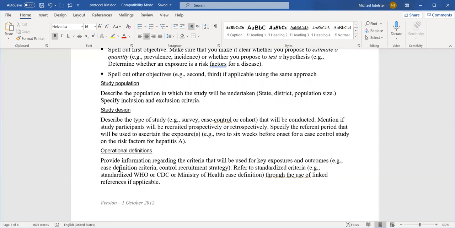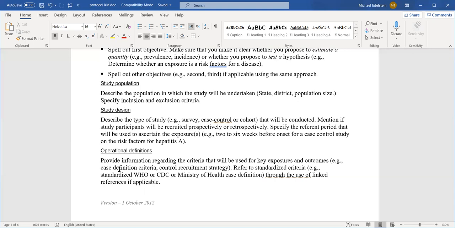And then it's important to describe and mention if you're recruiting prospectively or retrospectively; the timing is important. You really want to describe the design as clearly as possible.